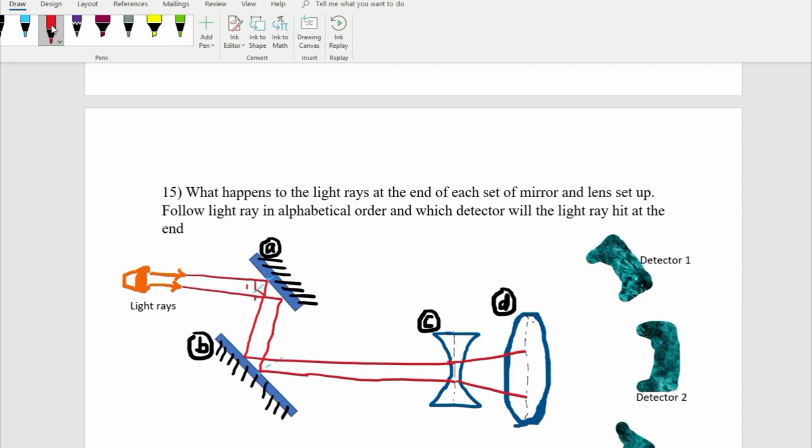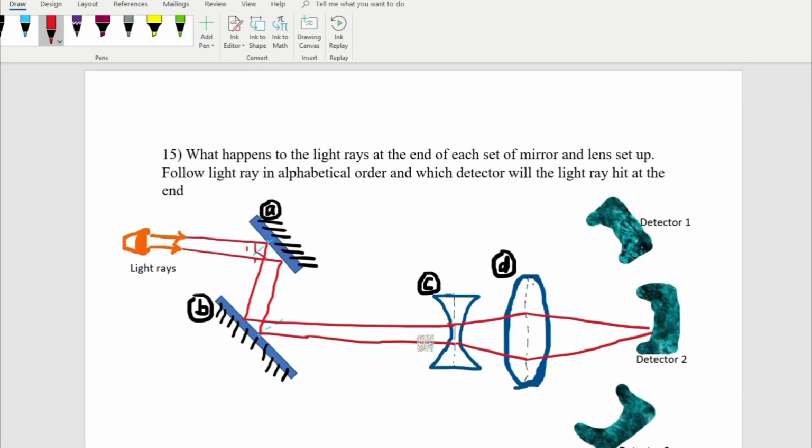What converging lenses do is bring the rays back together, and finally our rays hit detector 2. So that's about it for this application of combining rays, lenses and mirrors to direct light from one location to another.